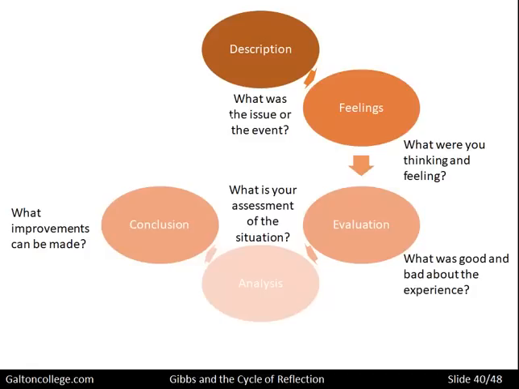So what improvements can be made? That's the issue that we deal with in terms of the conclusion. It's not just stating what the findings were, but how would the work be improved if it was to be done again.